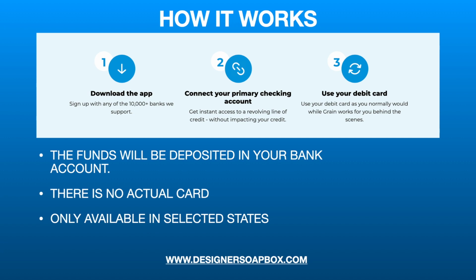You're not going to get an actual card with this. So you'll use your regular debit card as you normally would. There is a line of credit that you will see once it kicks in, and it basically works behind the scenes. So it's an everyday thing. The funds will be deposited into your account. Again, there is no actual card. You'll just be using the regular debit card that you already use.